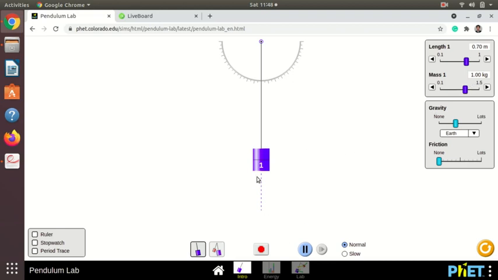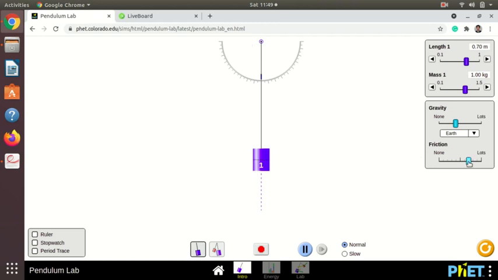And if I start oscillating this pendulum, you will observe that the amplitude is not decaying because there is no friction. So first of all, we will add some friction in this, so the amplitude will decay. As the friction is increased, the pendulum will stop immediately.